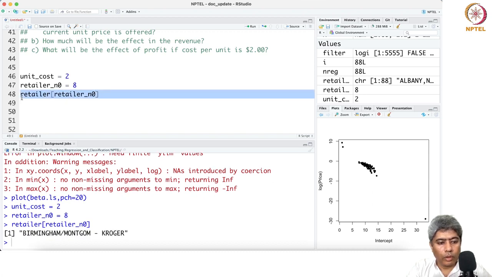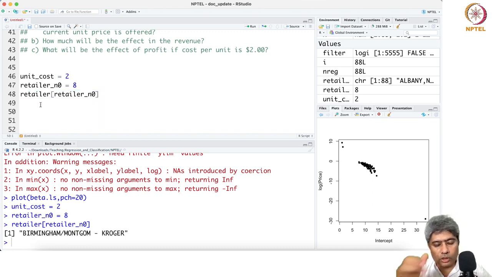Birmingham Kroger. Kroger is a big chain, and in Birmingham, Montgomery district or county, this is the retailer we are talking about. So let us have a look at the summary statistics of this particular retailer.